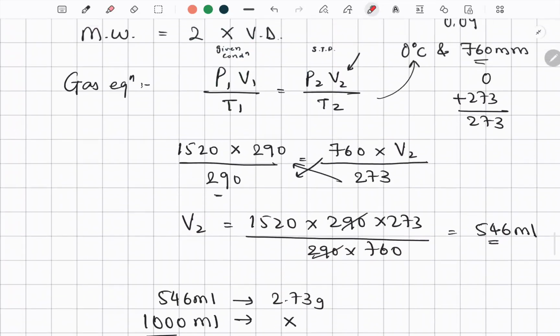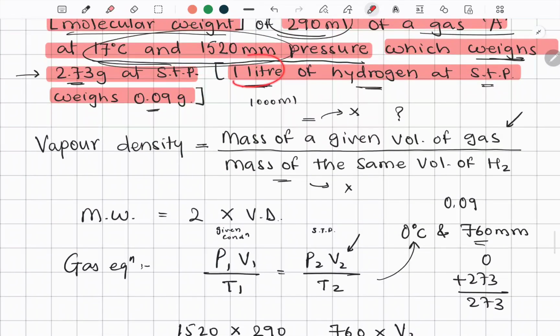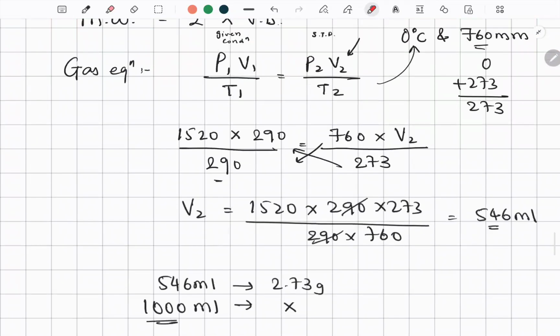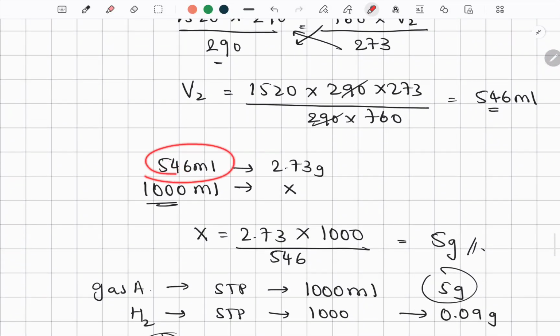Then we saw that the volume of hydrogen is 1 liter, which is 1000 ml. Then we said that if 546 ml weighs 2.73, then 1000 ml will weigh x, and we calculated that the mass of the given gas at 1000 ml is 5 gram.